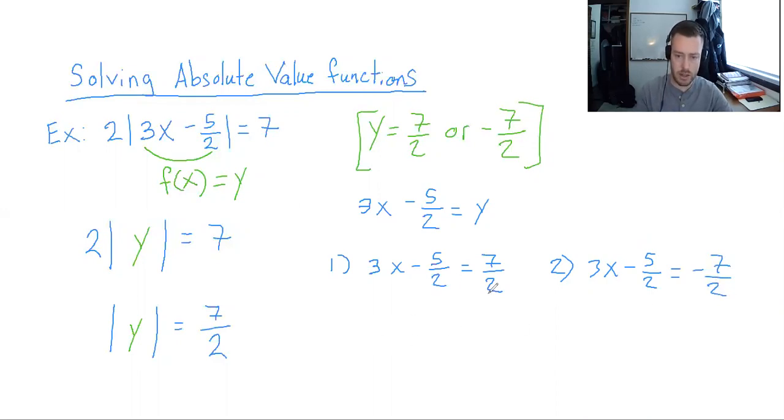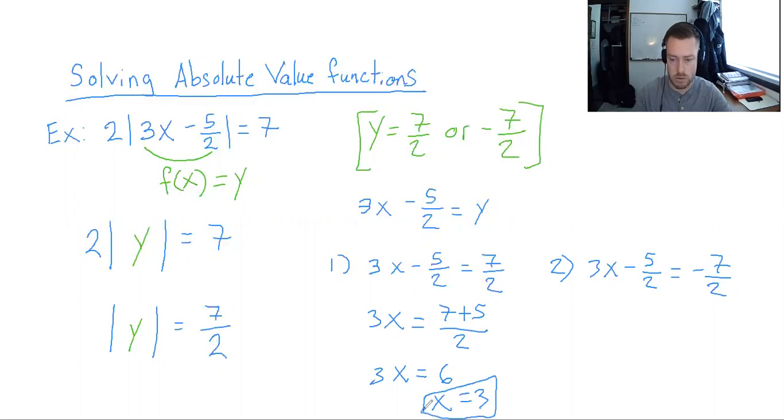Let's add 5 halves to both sides of the equation. It's nice how this works out. It's going to be 7 plus 5 over 2, so we have 3x is equal to 12 halves. 12 divided by 2 is 6, which means x is equal to 3. That's our first solution: x is equal to 3.